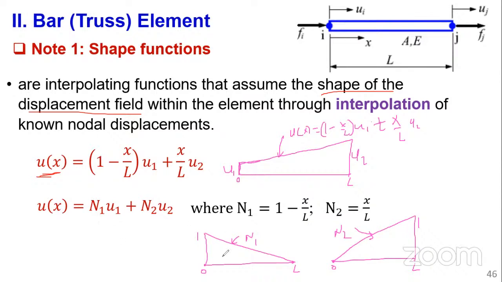And you see this quantity n1 is tied to node 1. So as you move from node 1, it continues decreasing. By the time you get to node 2, its effect is not felt anywhere. Same case with n2. And these quantities are the ones we are referring to as the shape functions. These are the interpolating functions that assume the shape of a displacement field within the element.